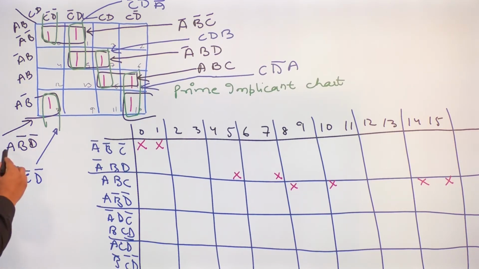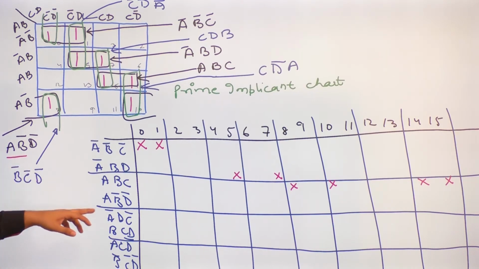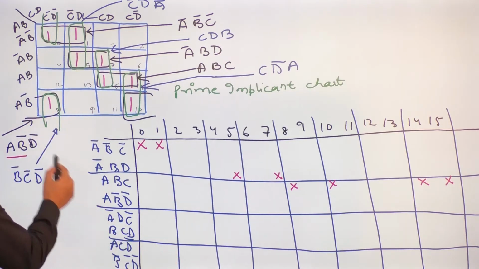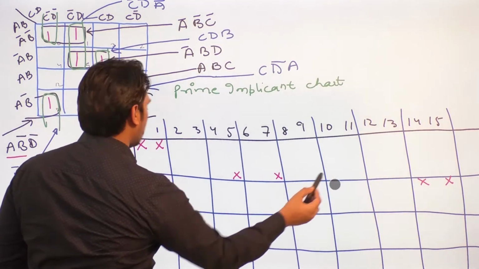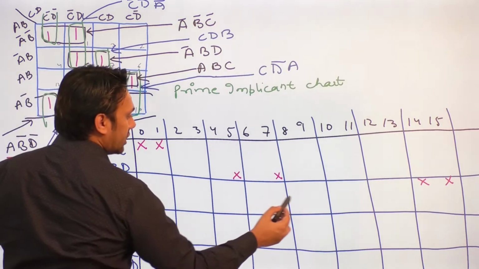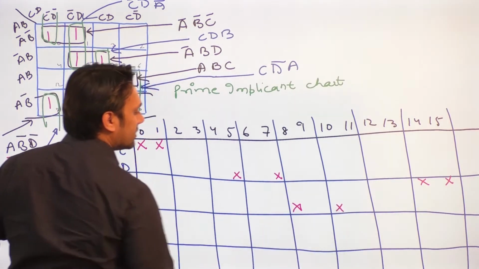I think I've made a mistake here. This A, B complement, D complement is covering 8 and 10. So 8 is here as well as 10 is here.